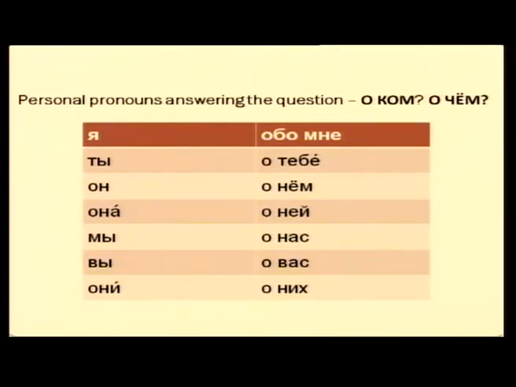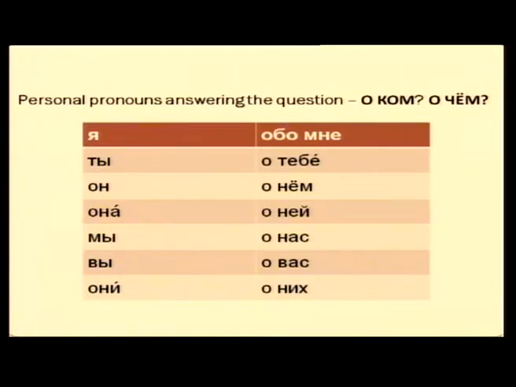Я changes into обо мне. О чем or о ком are the two questions asked, but these will be used with о ком. О ком он рассказывает? Он рассказывает обо мне. О ком он думает? Он думает о тебе. О ком он говорит? Он говорит о нем.